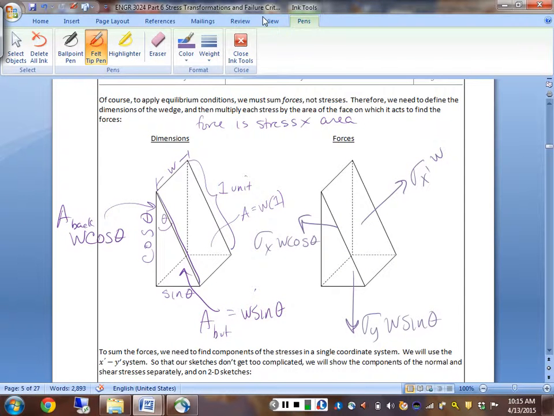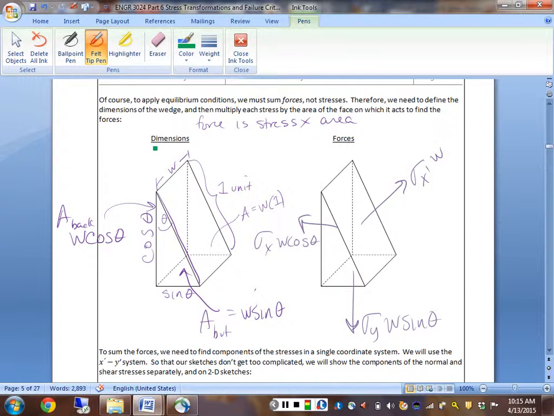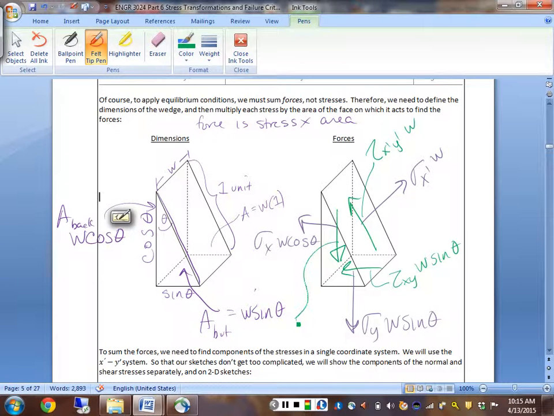All right? And then same thing follows for our shears. The one along the face is tau x prime y prime W. This guy along the floor, tau xy W sine theta. And this guy along the back wall, where do I have room?